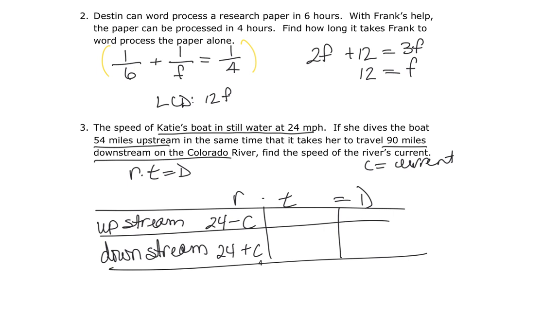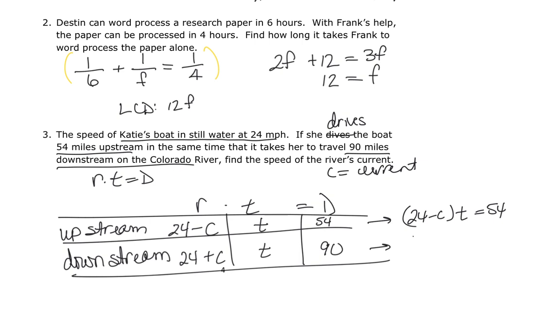Upstream is 54 miles and downstream is 90 miles, and the time is the same. So this produces 24 minus C multiplied by the time is equal to 54. And this one produces 24 plus C multiplied by the time, and it's 90.